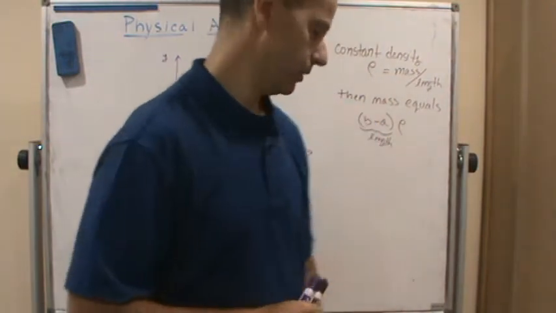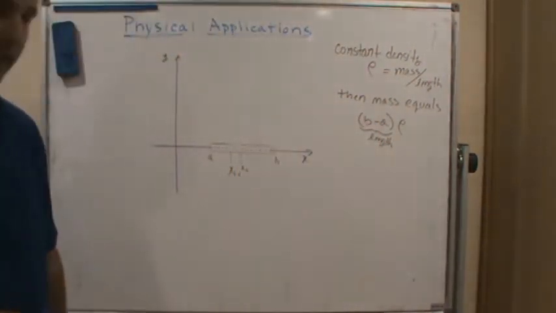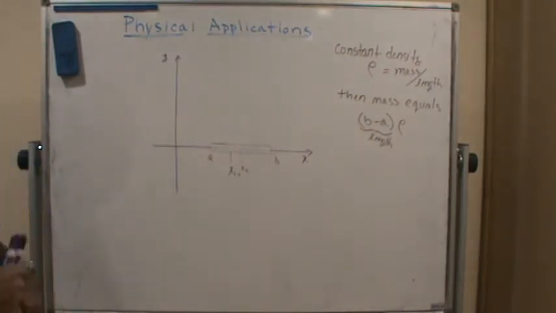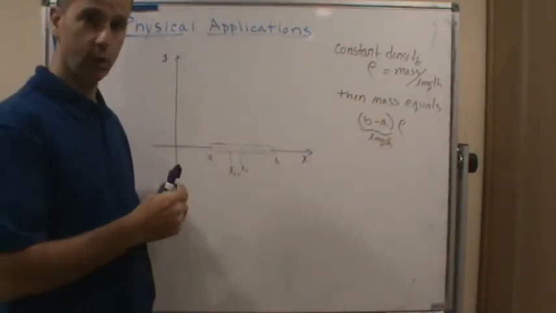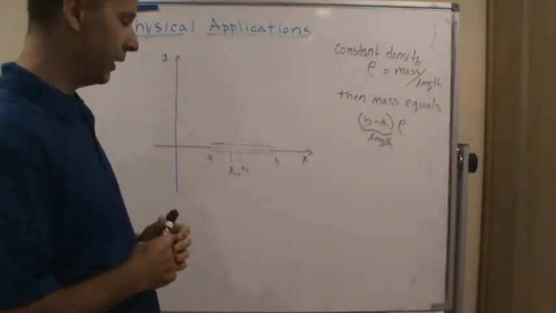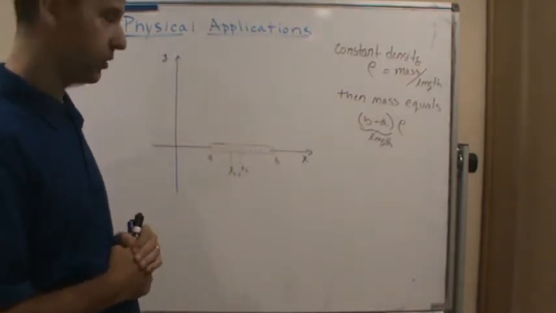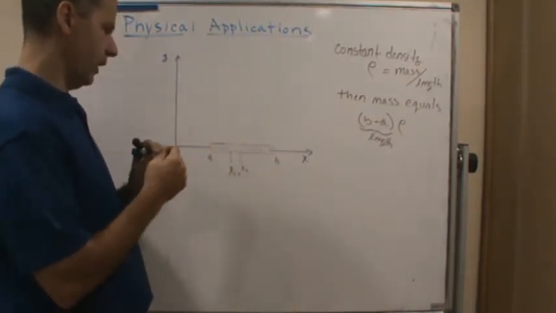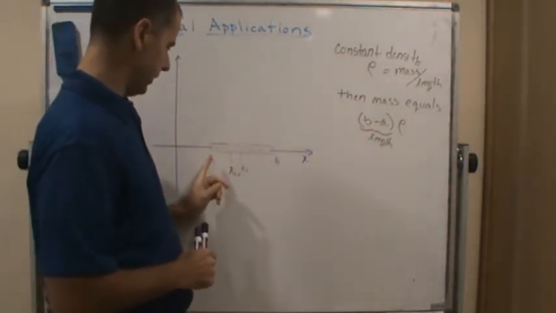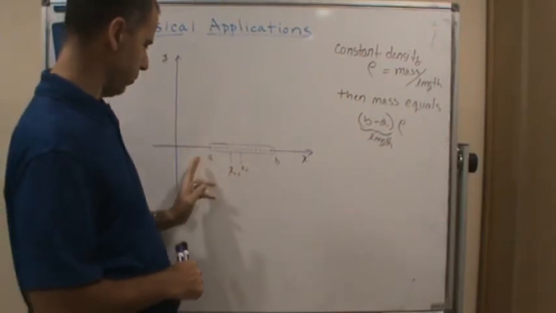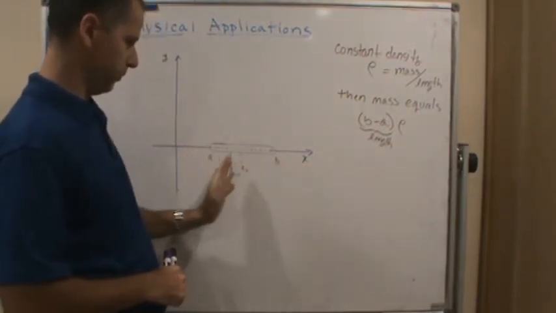So let's talk about developing a function or an integral for density here. We're going to use the example of a rod, a thin rod or wire, and this has a lot of engineering applications as well. So let's say we have a rod, and we oriented the rod on the x-axis.